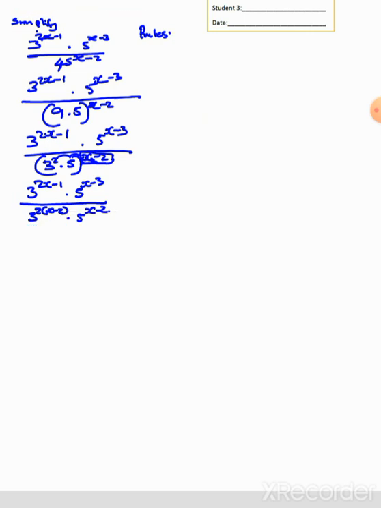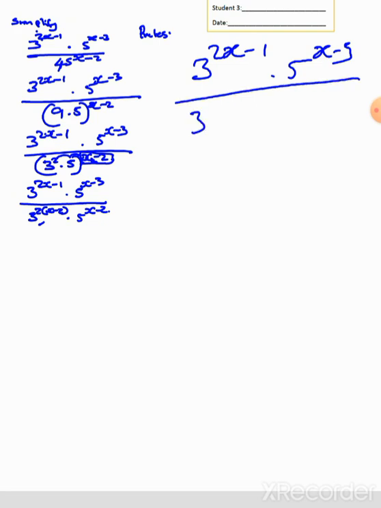Alright, now we can continue. We know that this here we can distribute now, so we have 3 to the power of 2x minus 1 times 5 to the power of x minus 3, over 3 to the power of 2 times x minus 4, times 5 to the power of x minus 2.